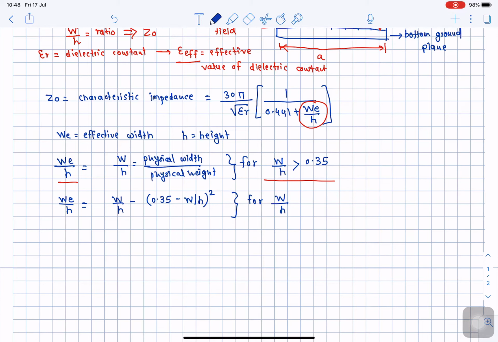Please remember, there are two different options to calculate this factor, the effective width to height of the strip line, in order to calculate the characteristic impedance.